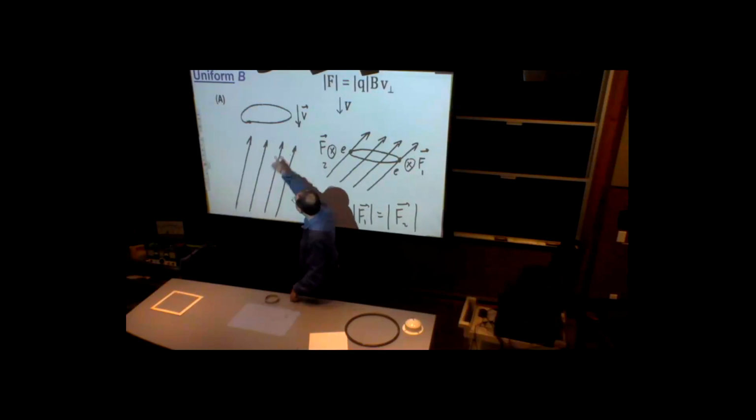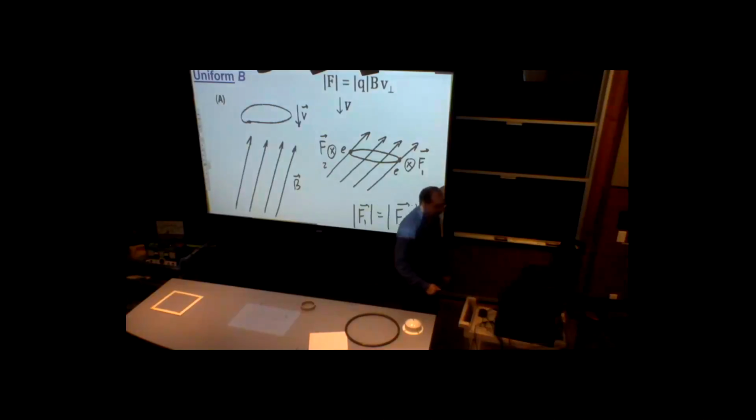Now, it still is a conductor. Still, every electron should experience a force acting from the magnetic field. What type of force? We know the Lorentz force. For example, let's take an electron here. It travels down, that's velocity, and the magnetic field at the location of the electron points like this.